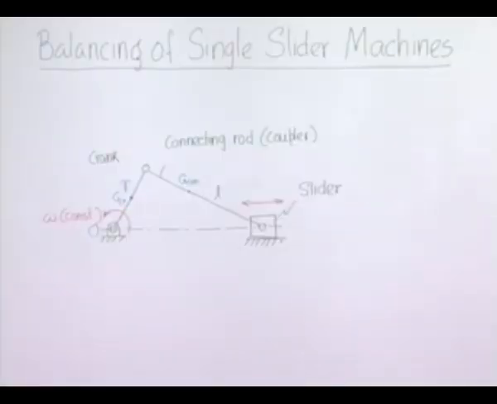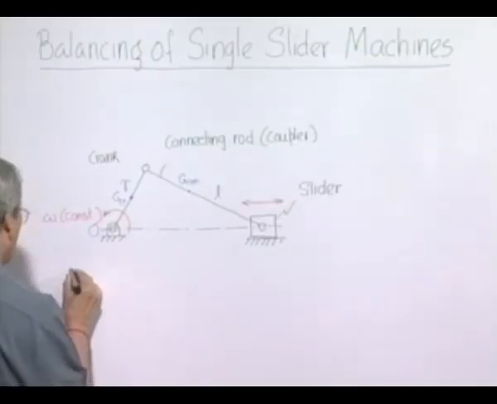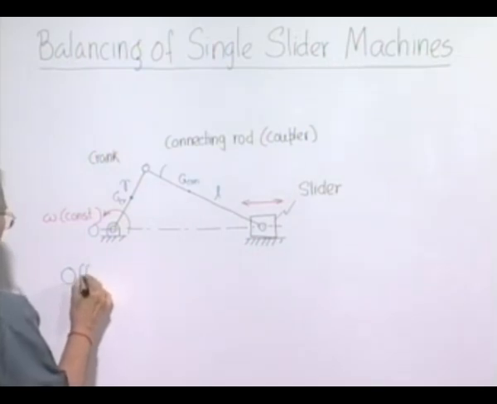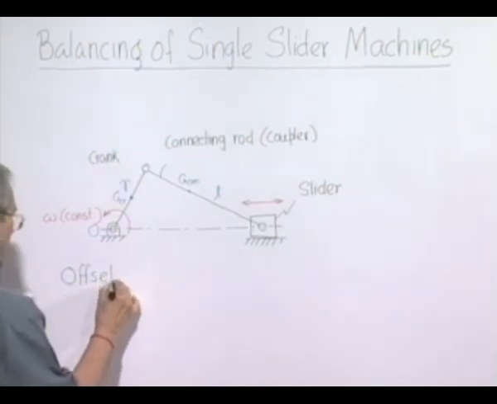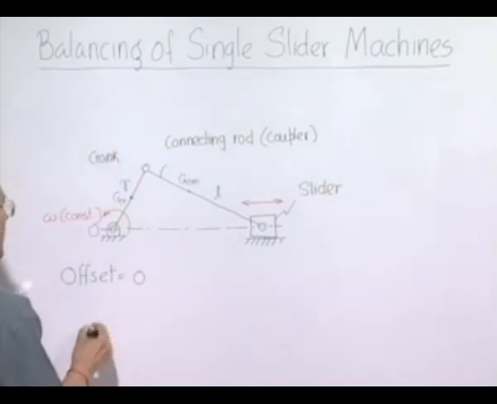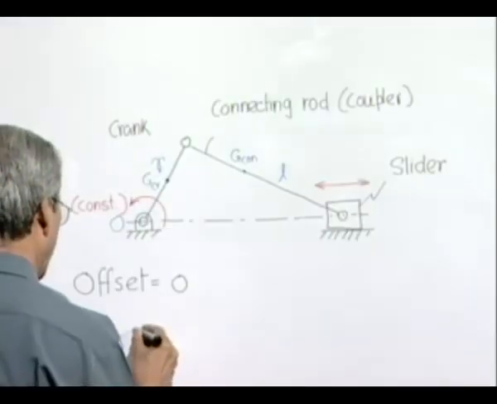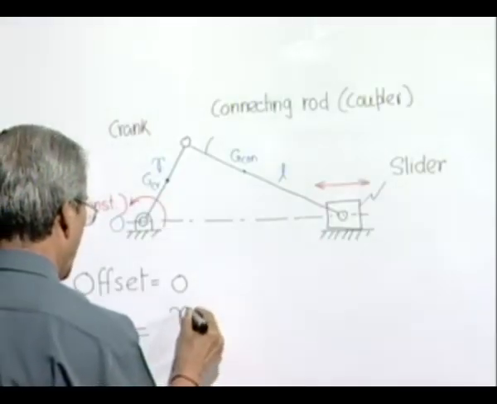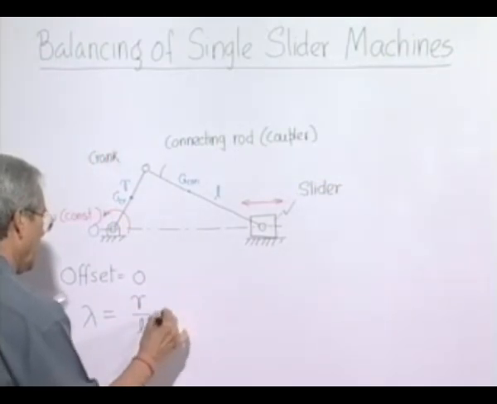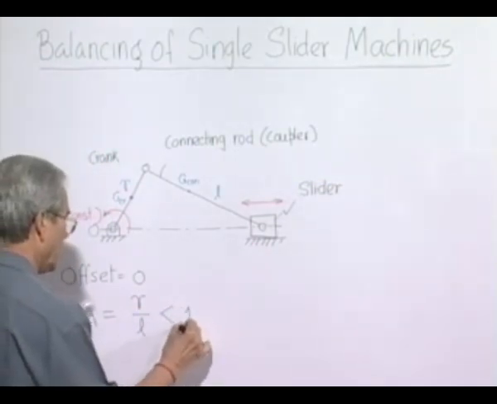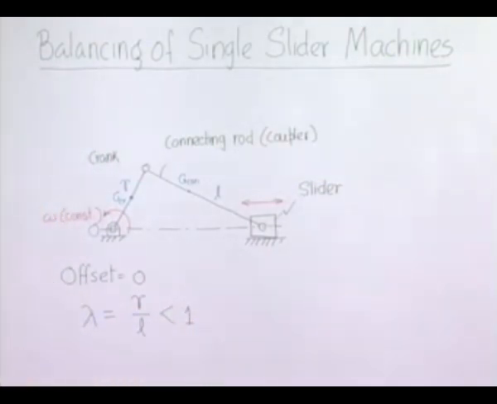We also have to keep in mind that the ratio of crank radius to connecting rod length, r by L, is less than 1, which is also generally the situation.